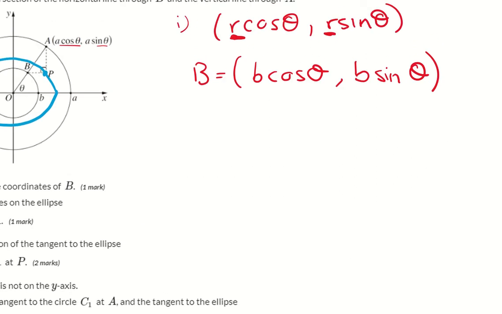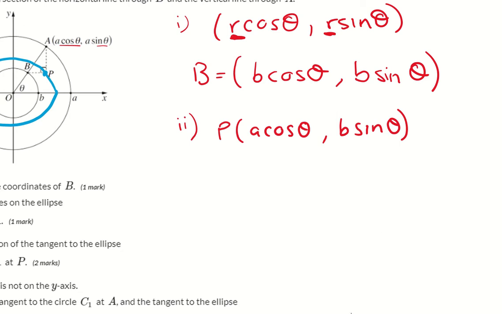Okay, so a point on the ellipse in parametric form, we know is given as A cos theta, B sin theta. Okay, so that's how we describe a point on an ellipse in parametric form.